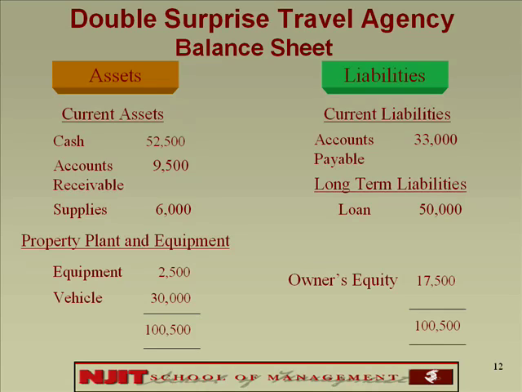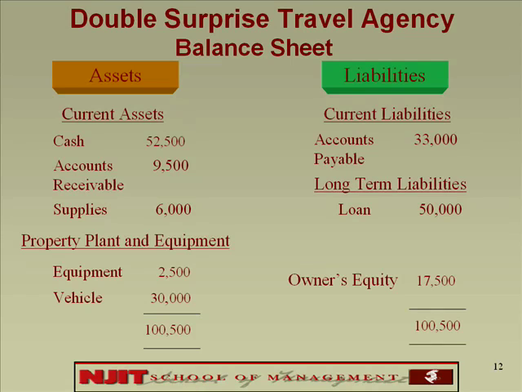Let's do part C. What is the net worth of the Double Surprise Travel Agency? What's the formula? Do you remember the equation? It's assets less liabilities. Try that for a minute. Stop this recording and get back to it. Are you done?